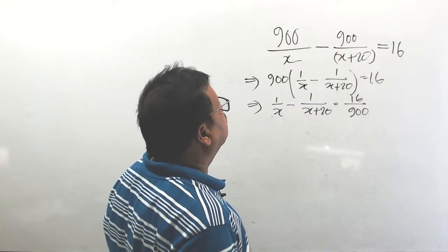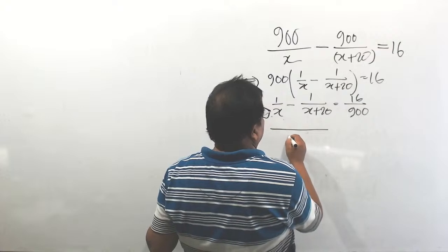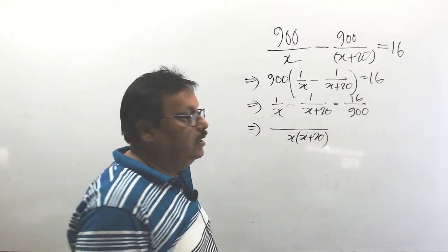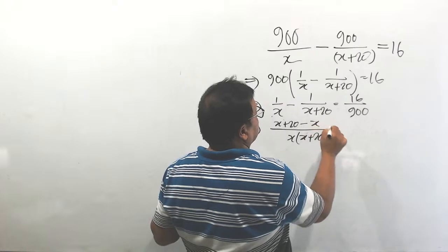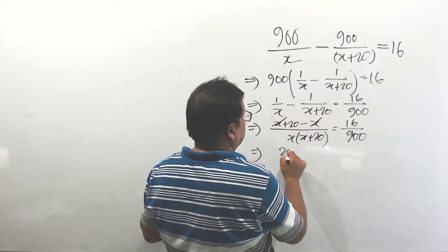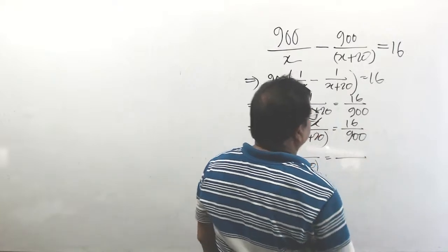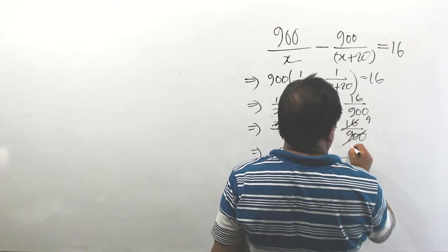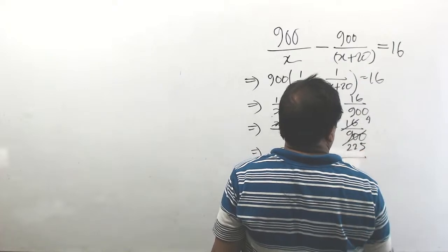Right? After that, simplify. x into x plus 20, that means x plus 20 minus x is equal to 16 by 900. x cancels, so 20 by x into x plus 20 equals, simplifying, 4 4s are 16, 4 2s are 8, 20.